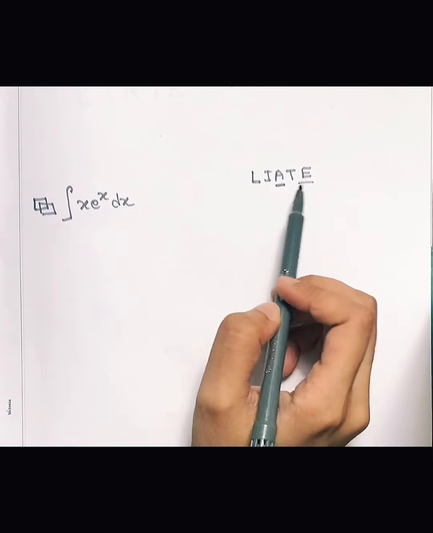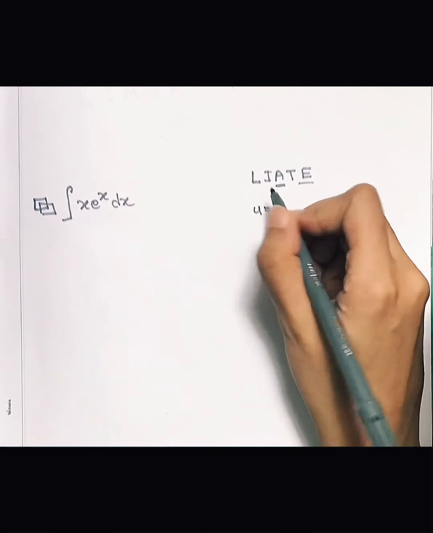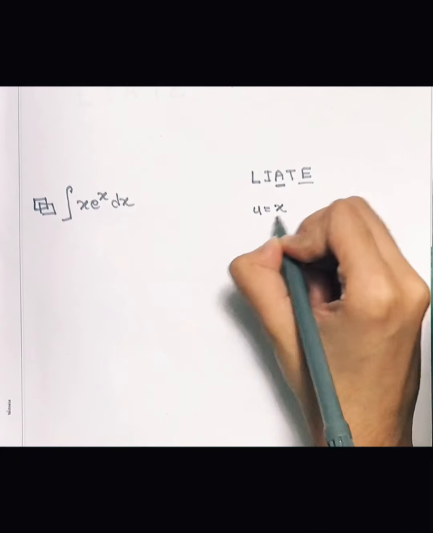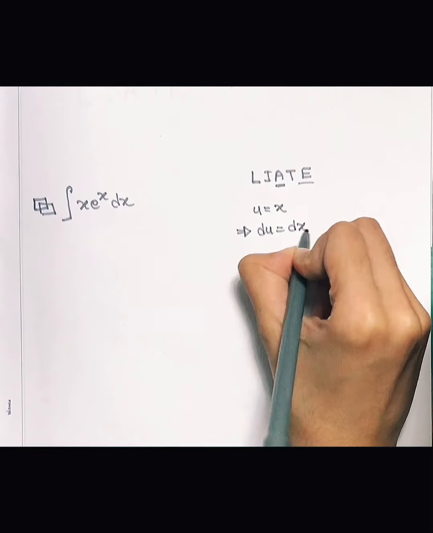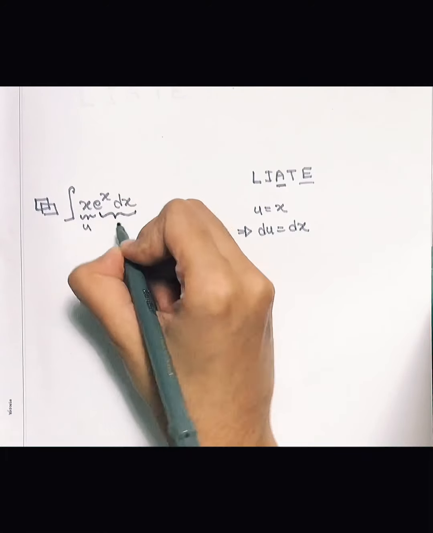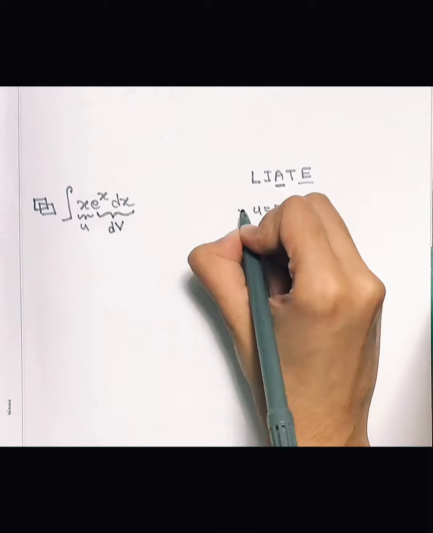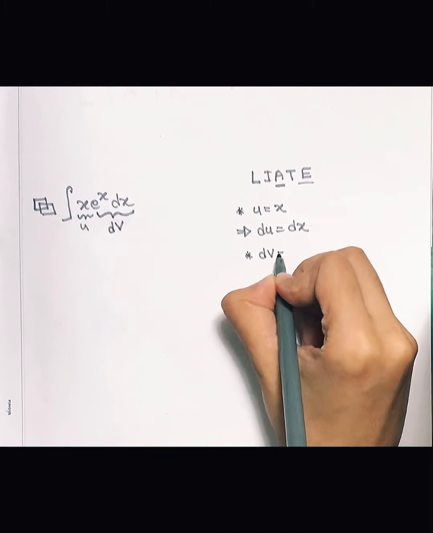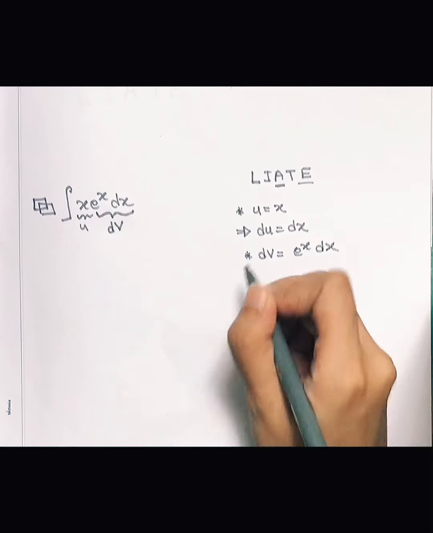As the algebraic function comes first, my u will be x, so my du will be dx. The remaining part will be my dv, so my dv will be e to the power x dx.